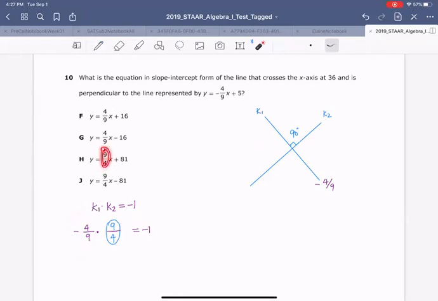So could it be H or could it be J? Which one? They said, please read this sentence. Go ahead, read, please. What is the equation in slope-intercept form of a line that crosses the x-axis at 36 and is perpendicular to the line represented by y equals -4 over 9x plus 5?